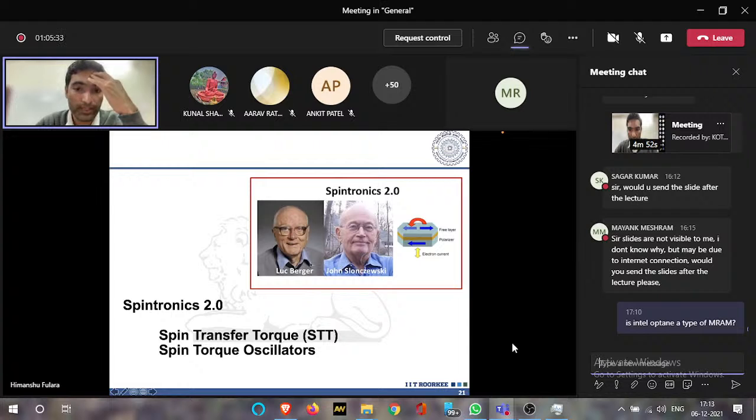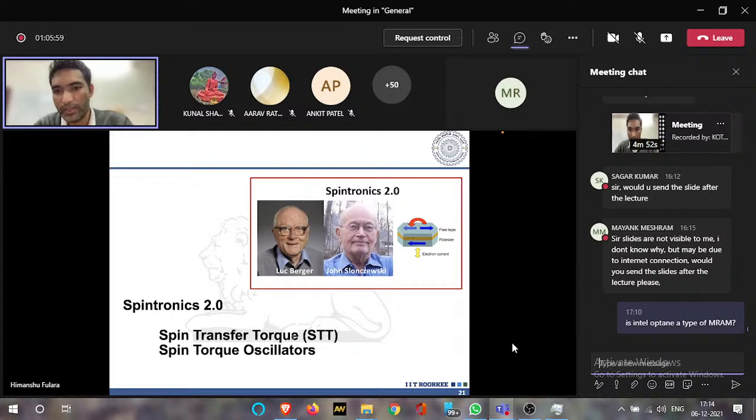What they discovered theoretically is this concept of spin transfer torque, which combines with the magnetic tunnel junctions to give you STT-MRAM. So the latest random access memory is based on the spin transfer torque effect.